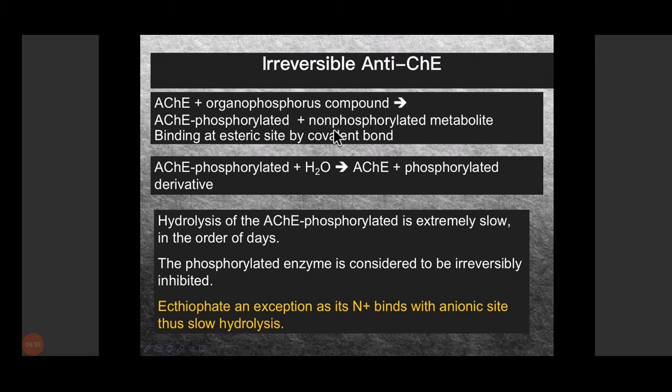The rest of all of them are polar, and ecothiophate will bind to the acetylcholinesterases by some weak bond at the anionic site, and hence it will be hydrolyzed slowly. But this is for the information of everybody, all the other organophosphorus compounds are polar and they are irreversibly attached.